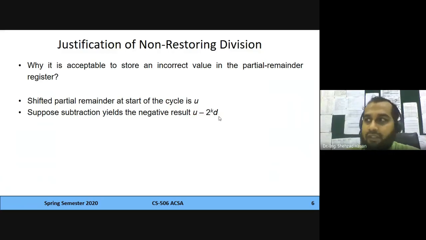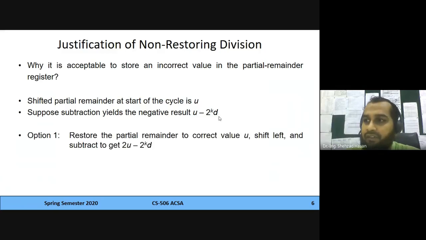the restoring division algorithm was restoring the correct value if this result was negative. Now, this is the first option. If the result of u minus 2^k d is negative, what are we going to do? We restore the partial remainder to its correct value u. So if this result is negative, we ignore it and correct it to u.